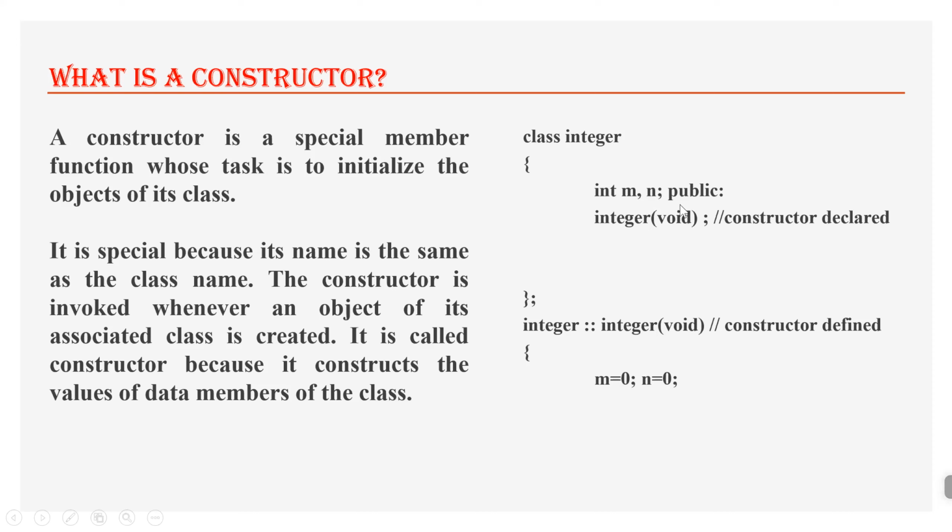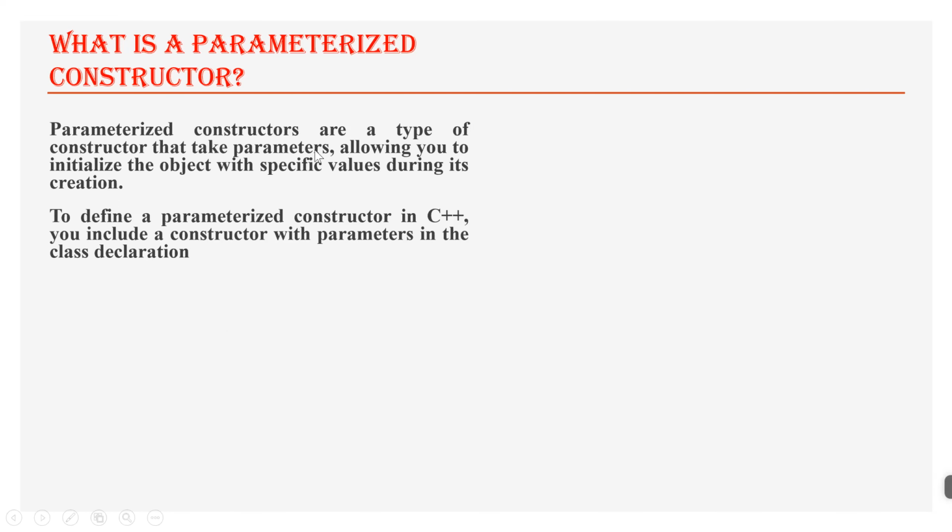So that is what is called the constructor. But a parameterized constructor is a special type of constructor that takes the parameters, which gives a freedom for the programmer to initialize the object with the specific value during its creation.